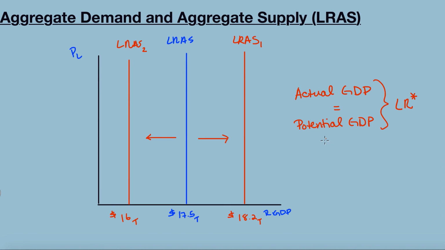Our potential GDP is when we have our full employment gross domestic product. After this, we will look at what happens when there's disequilibrium in the market and we have either an overheating or an underperforming economy.